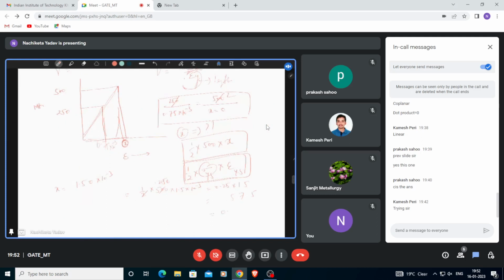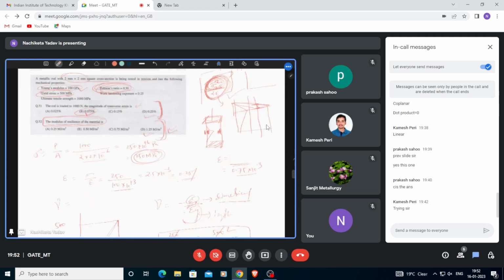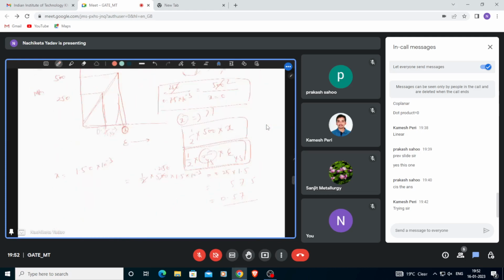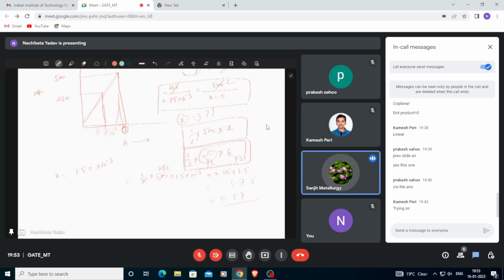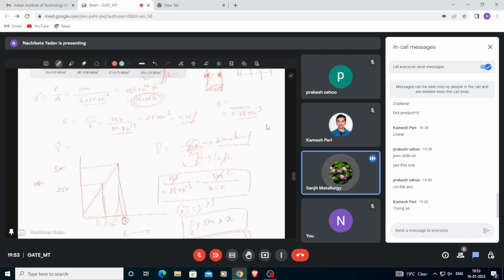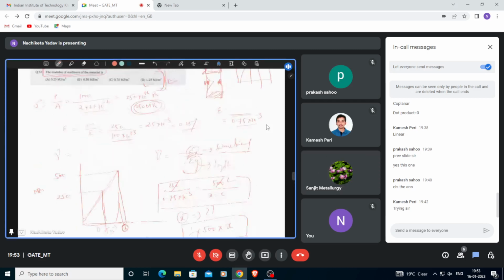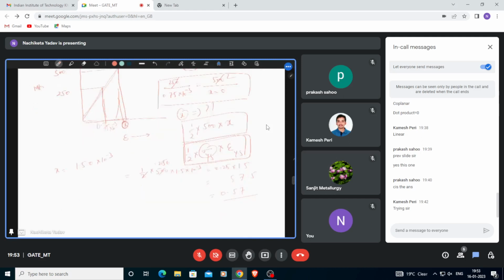We are getting 0.57 or what? How much? What is the value? Okay, then we will get the same, because we know already E equal to sigma by epsilon.